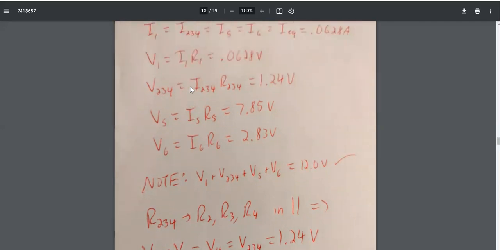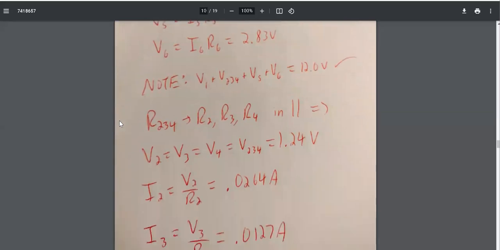Okay, so I know the current and the voltage through R1, R5, R6, and this R2,3,4. I don't care about R2,3,4. I care about R2, R3, and R4. R2,3,4 came from these R2, R3, and R4, and they were in parallel.